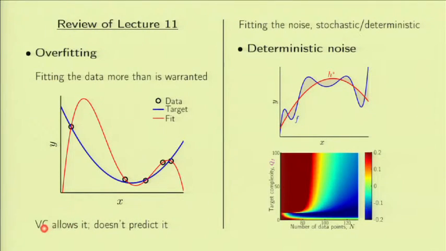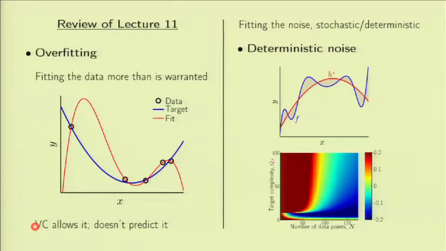So the idea is that the VC doesn't tackle the target, not in the sense that it doesn't know how to deal with it. What it does, it gets you a bound that is valid for all possible targets, noisy or noiseless. And therefore, it allows the notion of overfitting. It gives you a bar for bad generalization, okay?